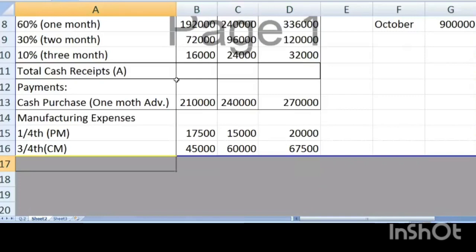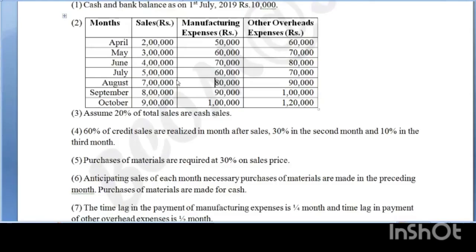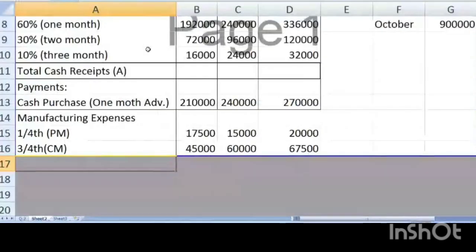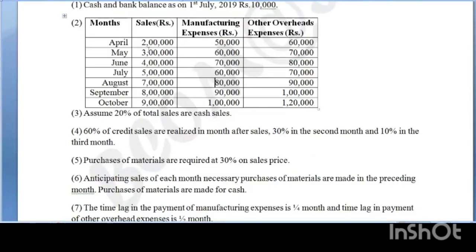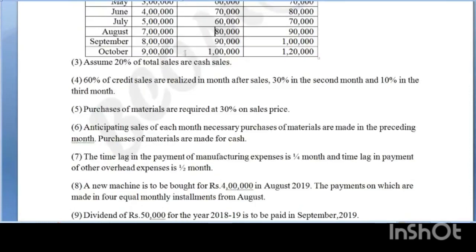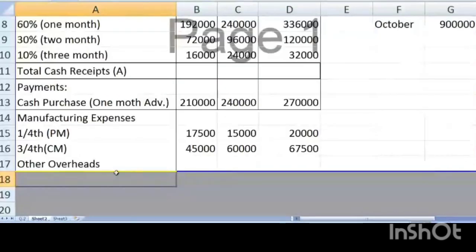Now, next is other overhead expenses. So how these other overheads are paid? Other overheads are paid by 1/2 month, half month credit.